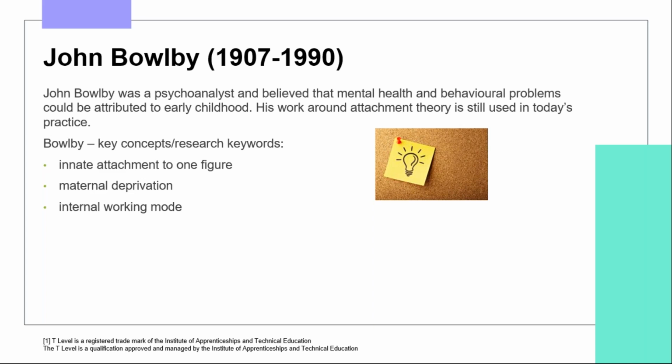Some key concepts and research words on the slide: innate attachment to one figure, that biological survival need that babies have to be able to make an attachment. And then you're thinking about how that could complement and show that. You've got the work of Harlow.